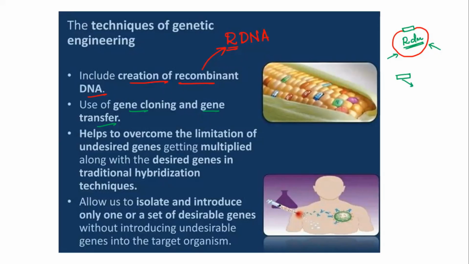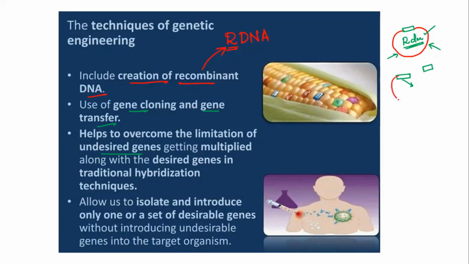Okay, now, yeah. So this helps to overcome the limitation of undesired genes getting multiplied along with the desired genes in the traditional hybridization technique. So here, as we discussed, we are creating recombinant DNA, we are doing gene cloning. That means we are making more and more of this recombinant DNA. That is gene cloning.